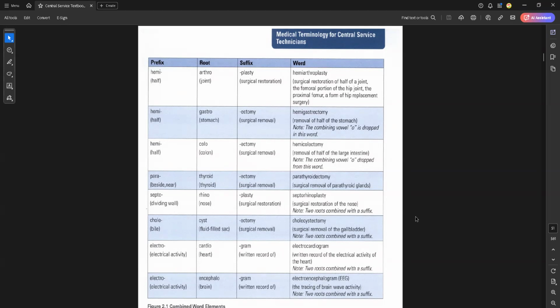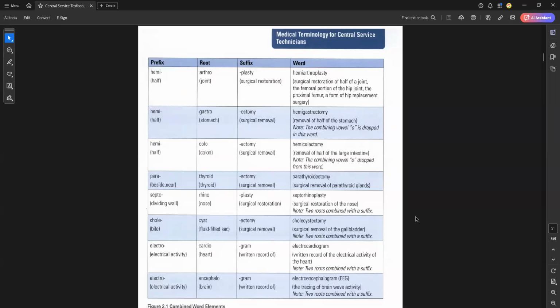But which part of the joint? What is happening to the joint? So the prefix comes to help us. Hemi, arthro. Then plasty means surgical restoration. So hemiarthroplasty, that's the word. So when we give you this word, you should be able to break it down by finding the root.